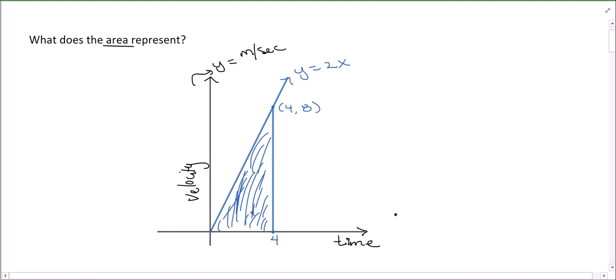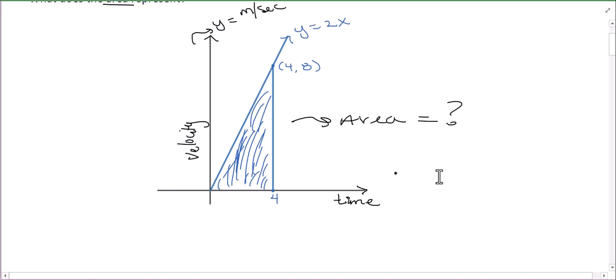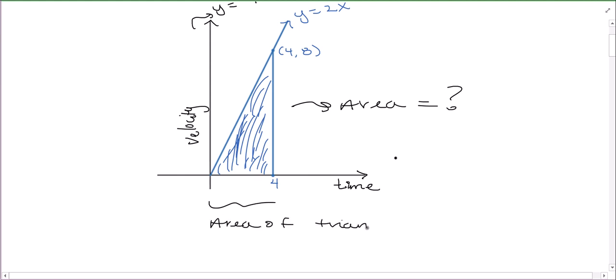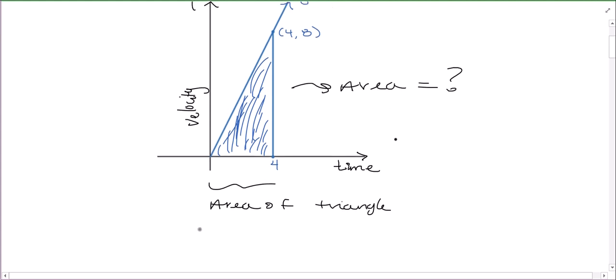So now what does the area give us? What does it represent? This is a triangle, so let's look at the area of this triangle, and we'll use our units to see what we get when we find the area.